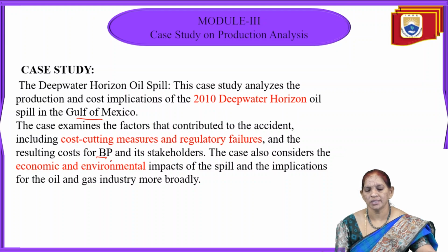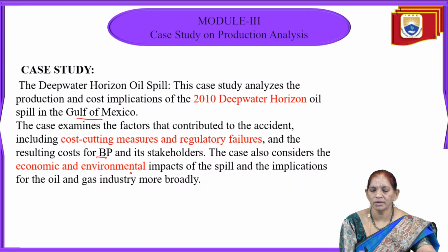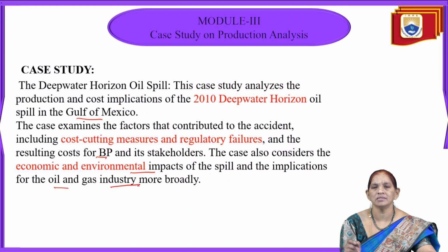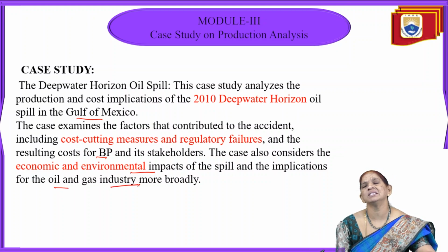This case also considers the economic and environmental impact of the oil spill and its implications for the oil and gas industry in a broader manner. It shows how this accident created hazards to the environment, lessened the reputation of the company, and also gave the world a lesson.